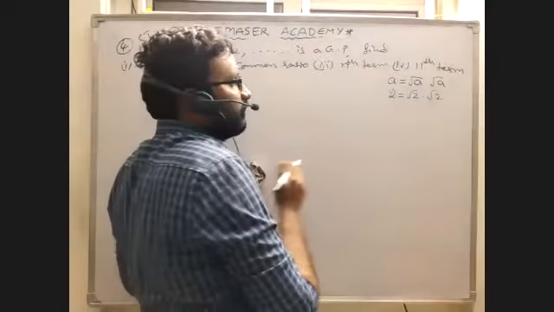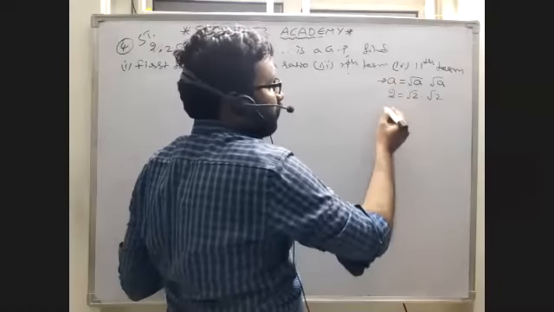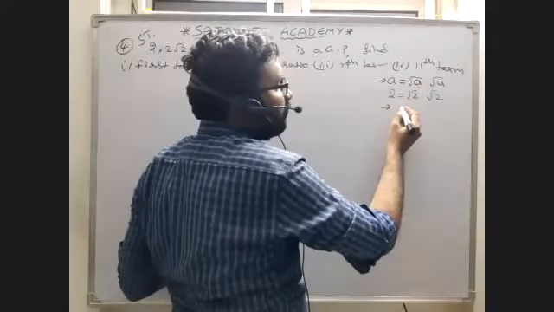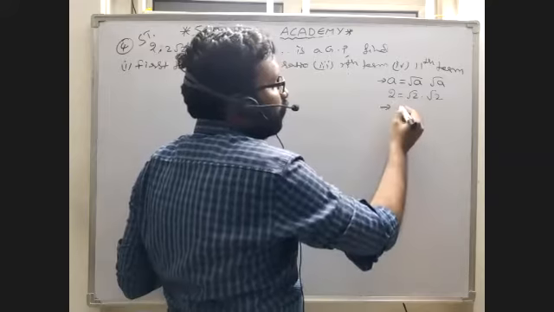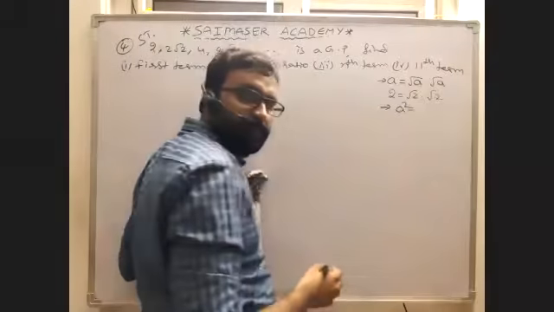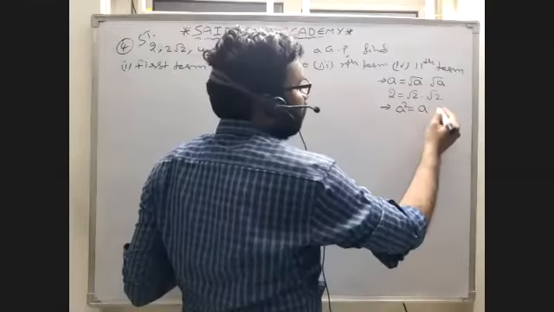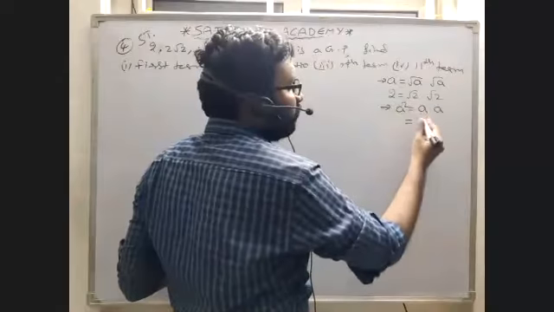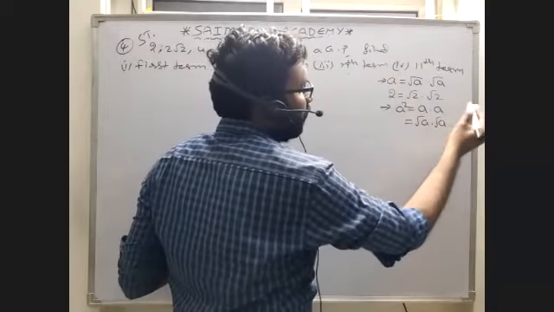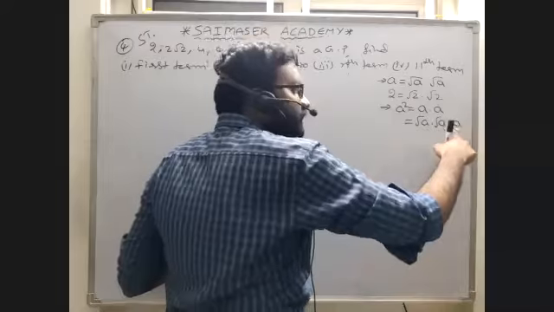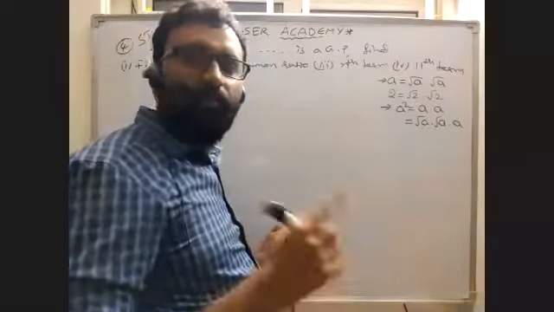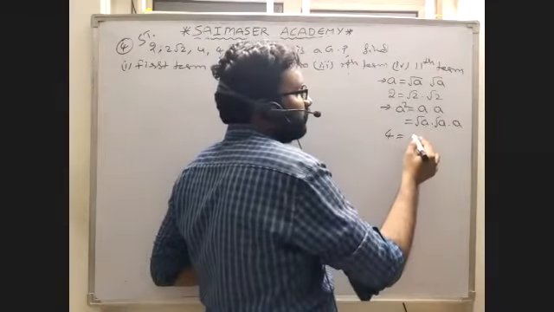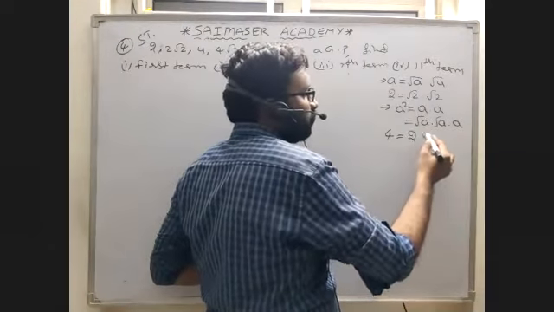One more: if you have A square, we can write A into A, and again each A we can write as root A into root A. For example, if I take 4, 4 is nothing but 2 square, that is 2 into 2.